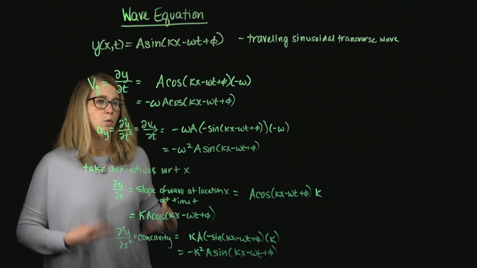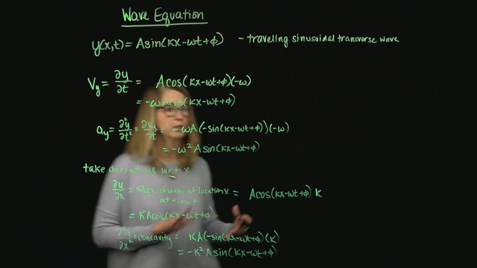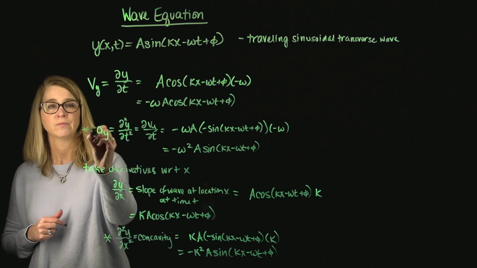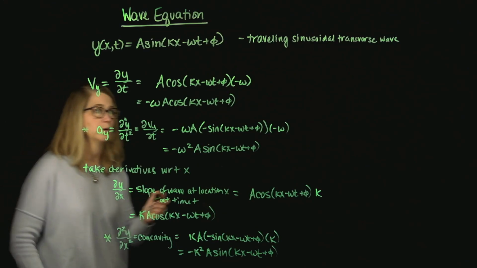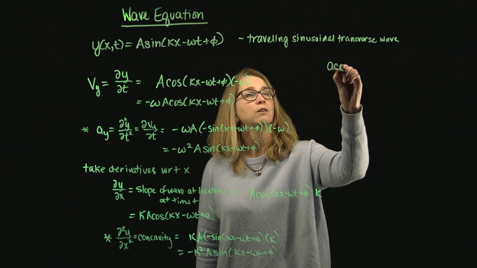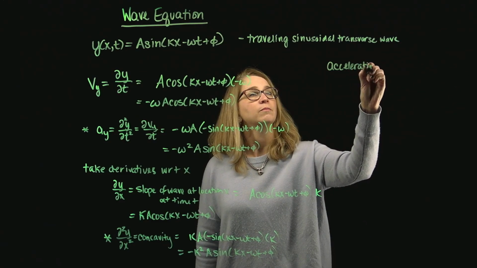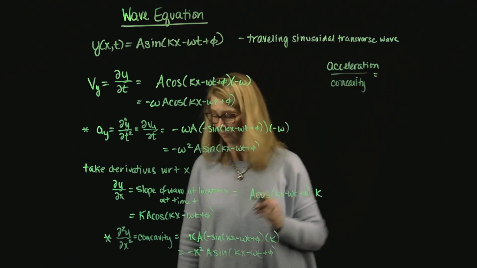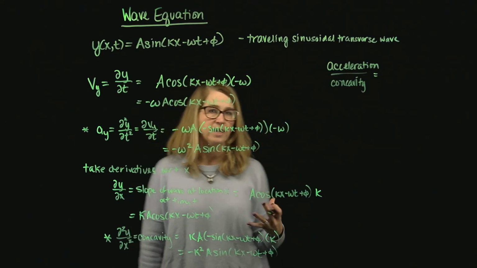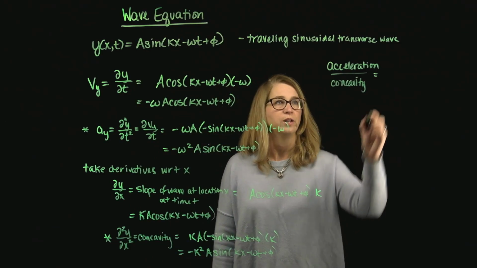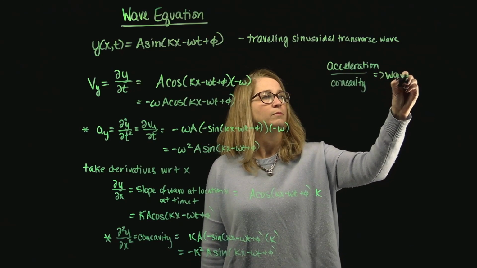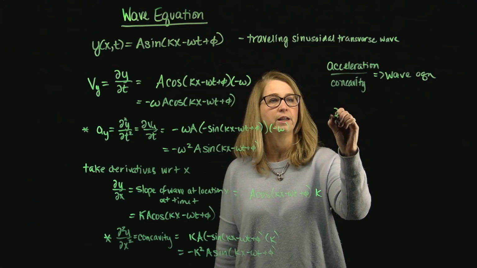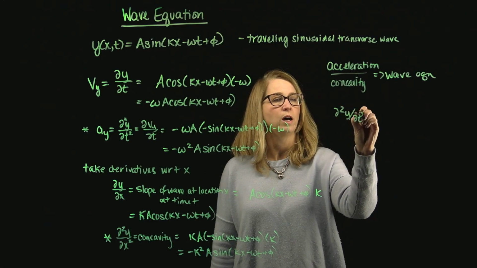Now we're going to take the ratio of these two terms. We're most interested in the concavity and the acceleration term, so we take a ratio of the acceleration to the concavity, and that's going to result in the wave equation. The acceleration is the second derivative of y with respect to time.